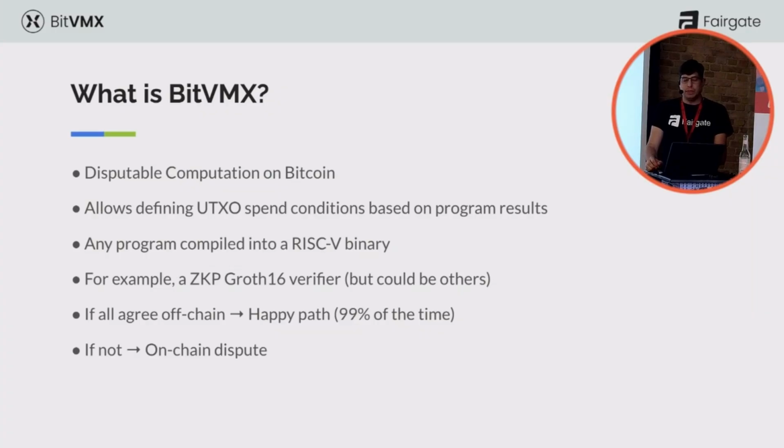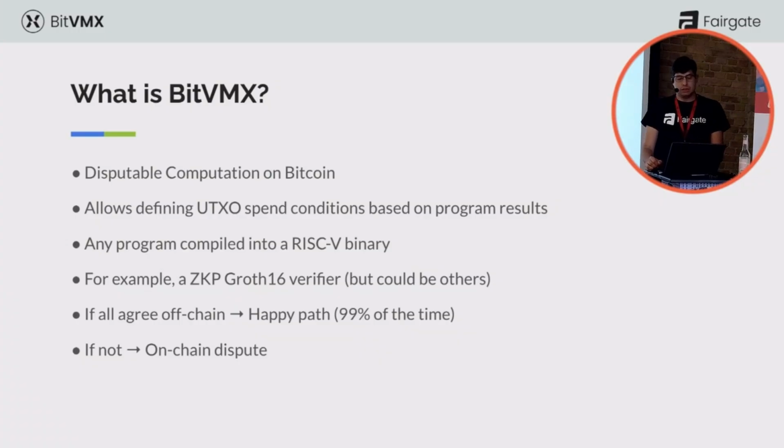Any program compiled into a RISC-V binary should work as the program. For example, we usually use a zero knowledge proof Groth16 verifier, but it could be others.